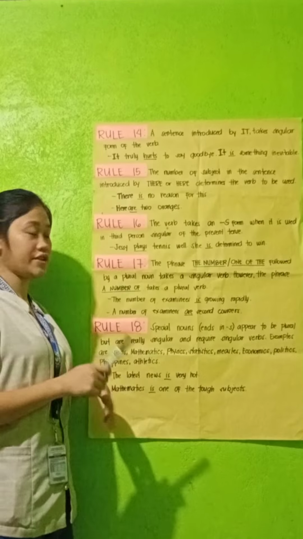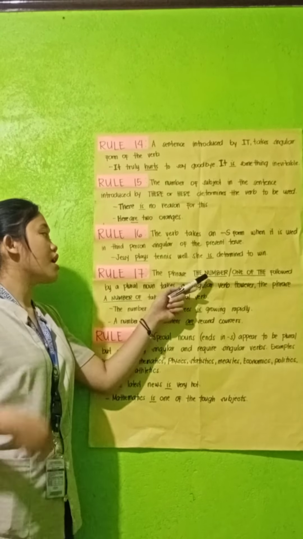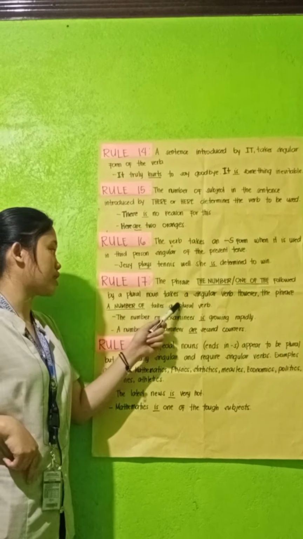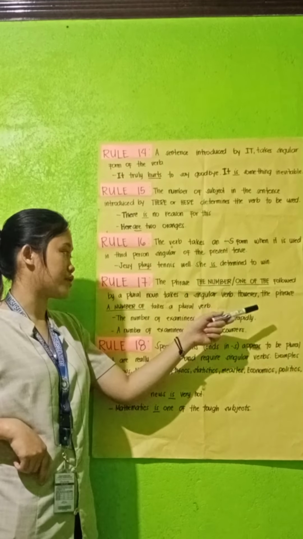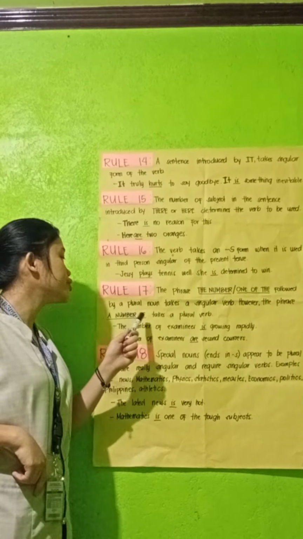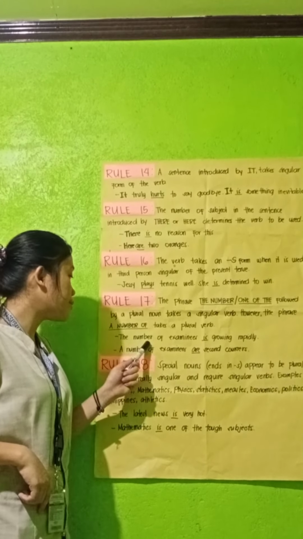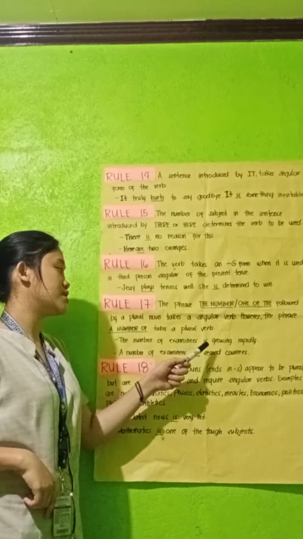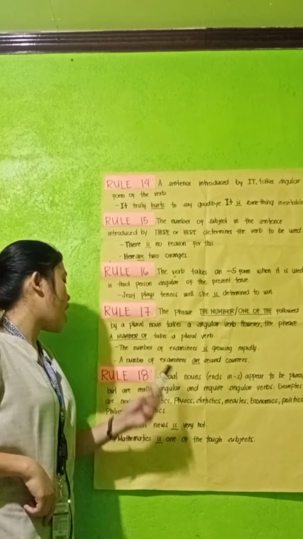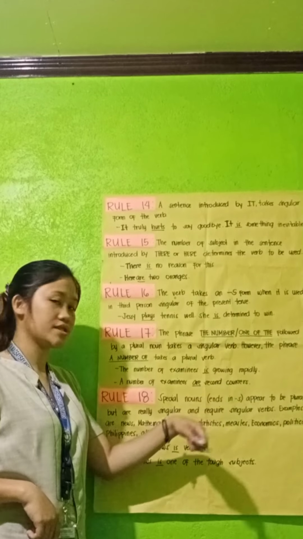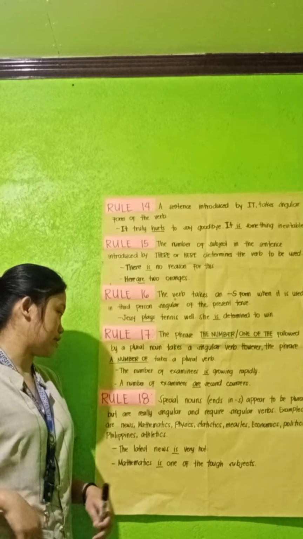Rule number 17. The phrase the number of, followed by a plural noun, takes a singular verb. However, the phrase a number of takes a plural verb. For example, the number of examinees is growing rapidly. A number of examinees are second coursers. Rule number 18.